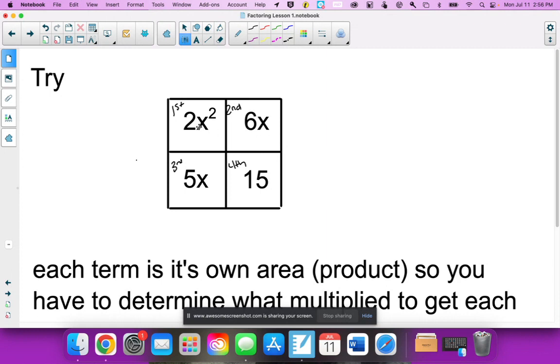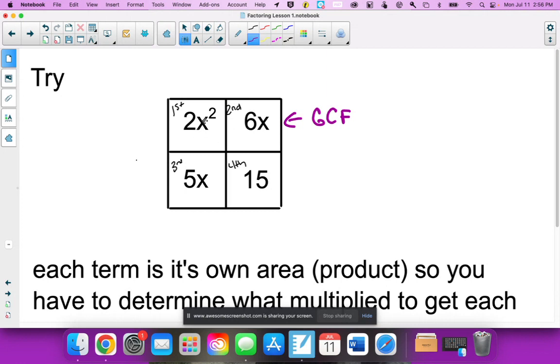Okay, so same idea, same process. I need to find the GCF, right, of those 2 pieces. Same process, GCF. So between 2x squared and 6x. So the greatest common factor between 2 and 6 is just 2.